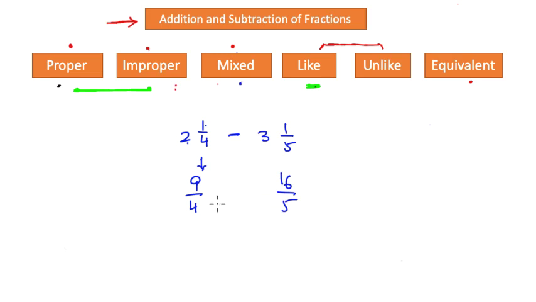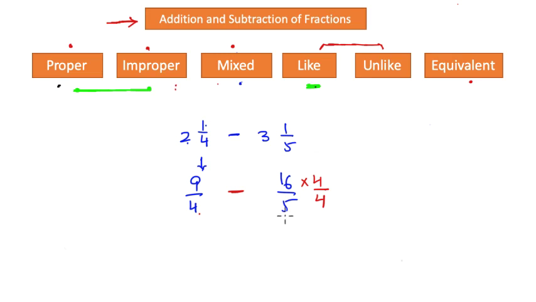Now you have two fractions. They have different denominators, and I would like to convert them into like fractions, correct? So we are going to utilize the cross multiplication technique, which means take the denominator 1, which is 4, and multiply it with the numerator and denominator of the second fraction, right?